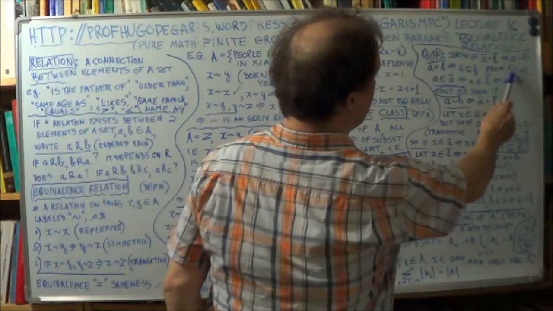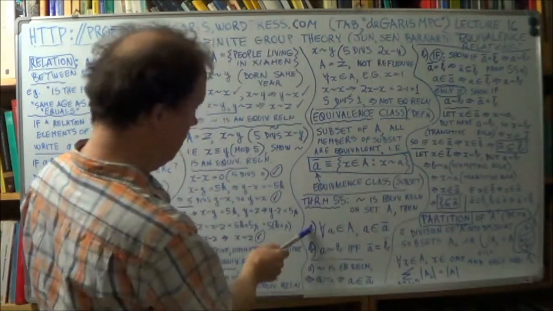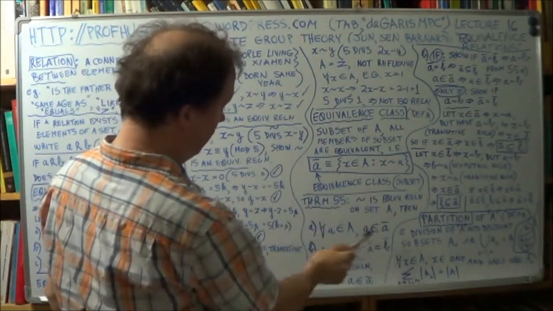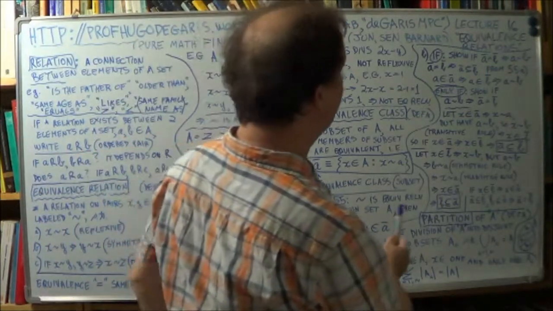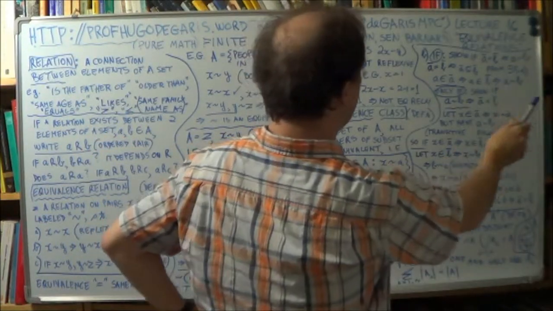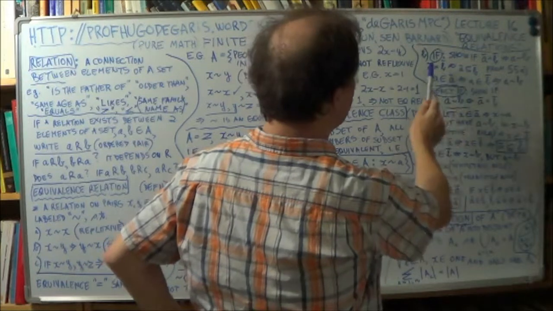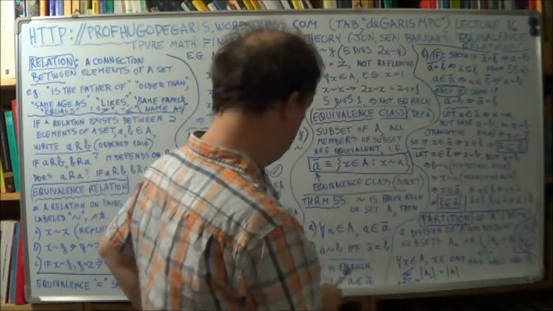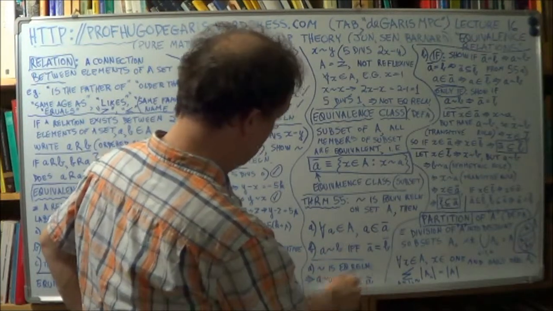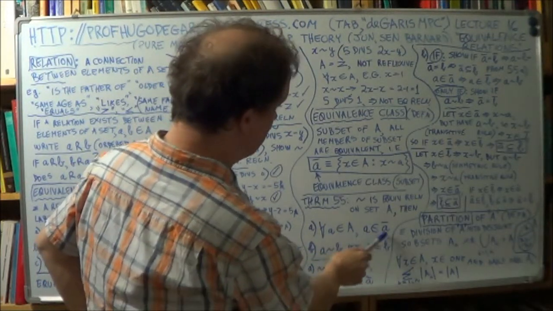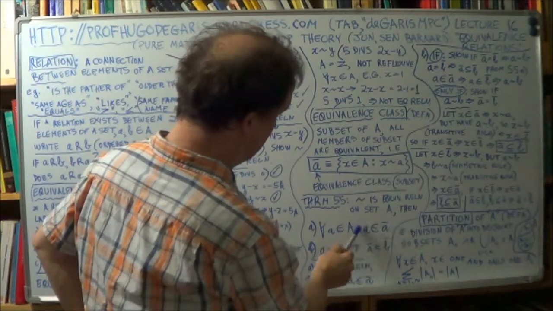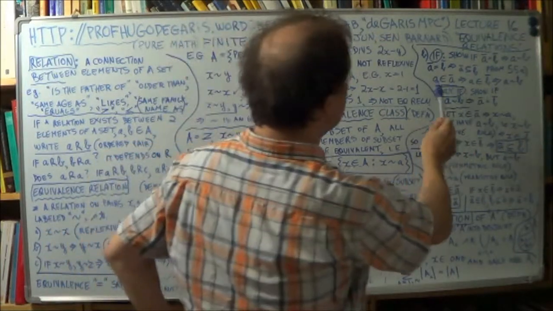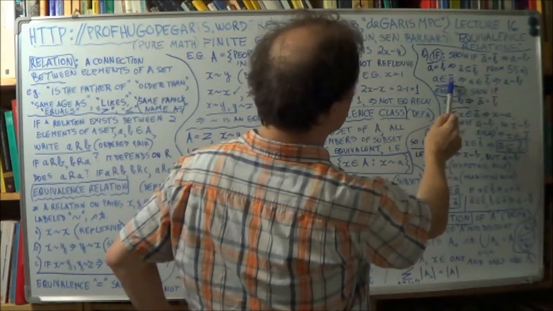Now from part A here of Theorem 55, A belongs to the equivalence class of A. Right? That's what we proved here. We just proved it here. So A belongs to its own equivalence class. That's what this says, right? So A belongs to that.